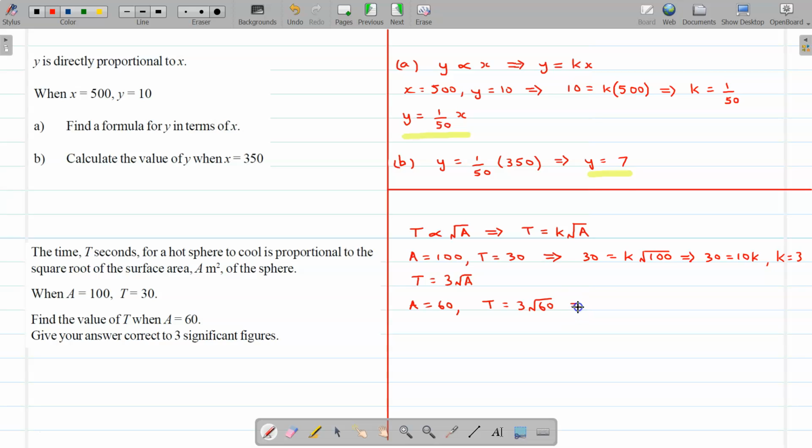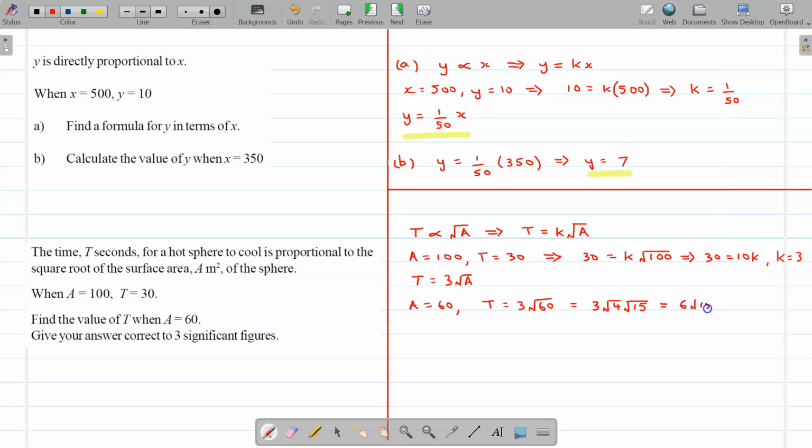which is equal to 3 times the root of 4 times the root of 15, okay, because we're trying to simplify a surd, so I'm looking for a square number that's a factor of 60, and the highest one is 4. The square root of 4 is 2, so that is equal to 6 times root 15.